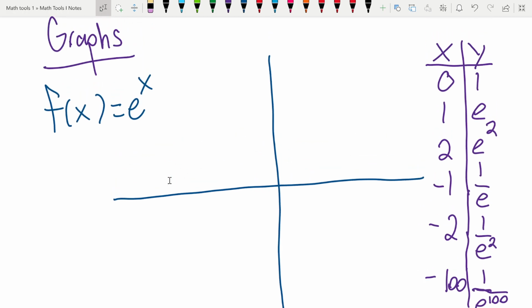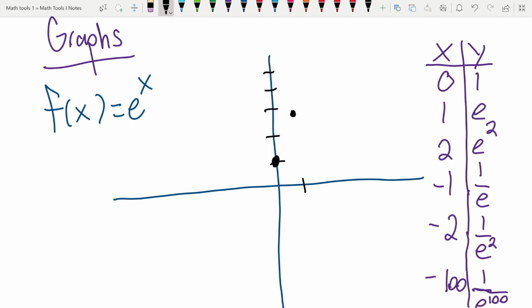So let's plot some of these points on the graph and get a feel for what it would look like here. We have a point at 0, 1. We have a point at 1, e. So if this is 2, this is 3, the point's going to be about right here, right?